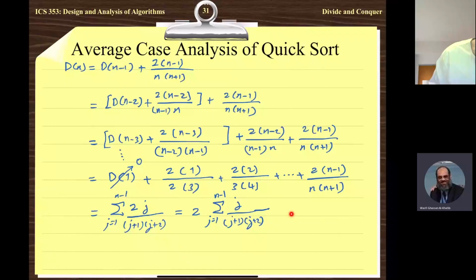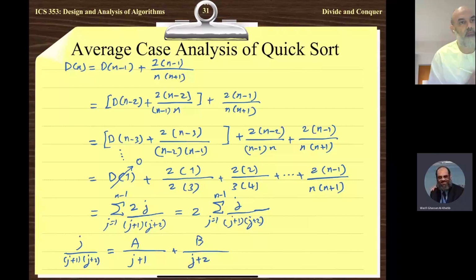Basically, I need to write this fraction j over j plus 1 times j plus 2 as a constant a divided by j plus 1 plus a constant b divided by j plus 2. As you can see, the degree of the numerator polynomial is 1 less than the degree of the denominator polynomial.